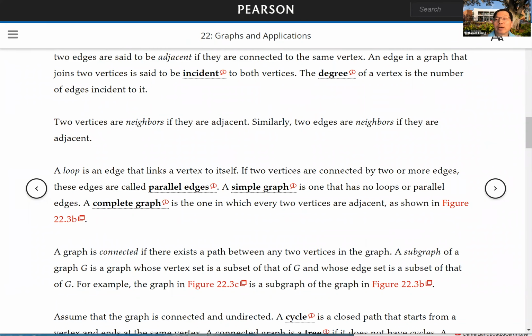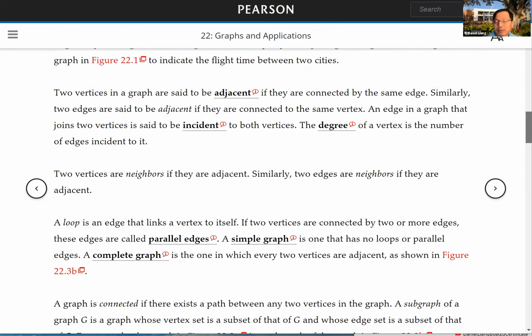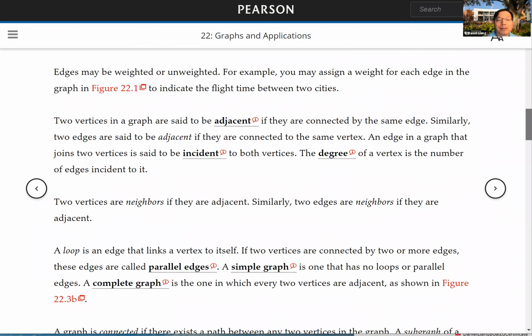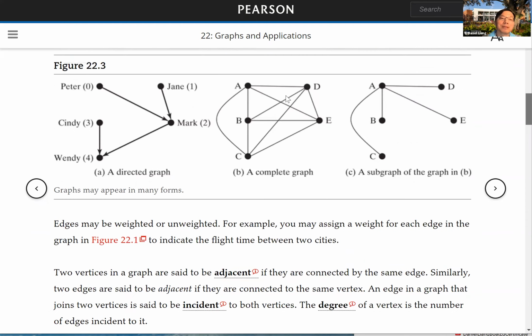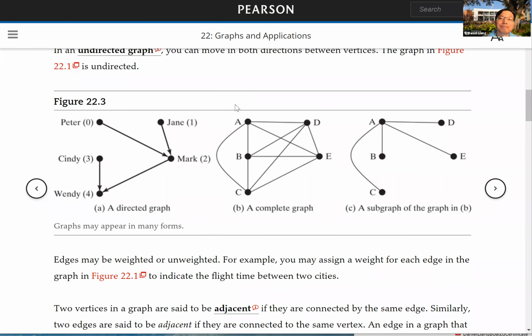We are considering simple graphs, and there are no loops and no parallel edges. No loops means no edge from the vertex to itself, and no parallel edges means, like from A to D, no other edge from A to D. If we have no loops and no parallel edges, it's a simple graph.